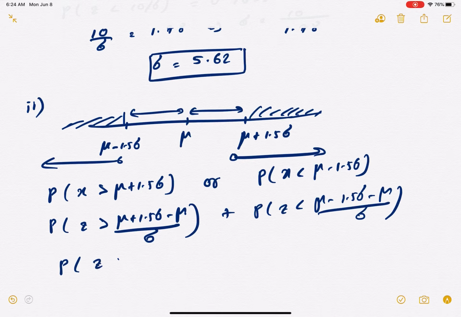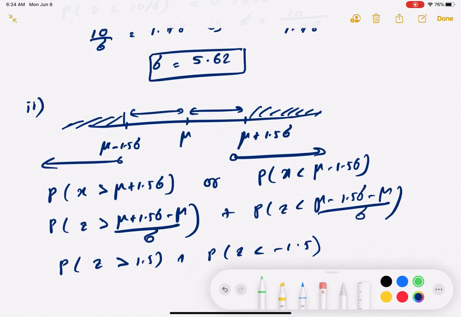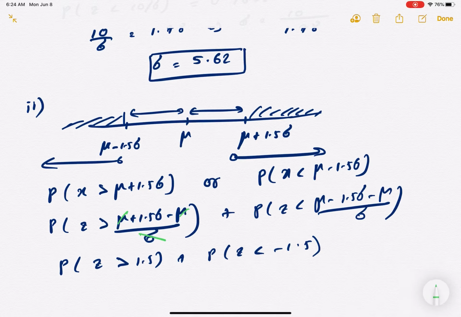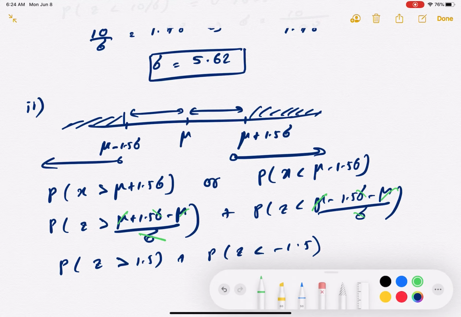So z greater than 1.5 plus probability of z less than minus 1.5. Let me explain the simplification here. Mu cancels off, then sigma and this sigma cancel off similarly. So we get this final result.